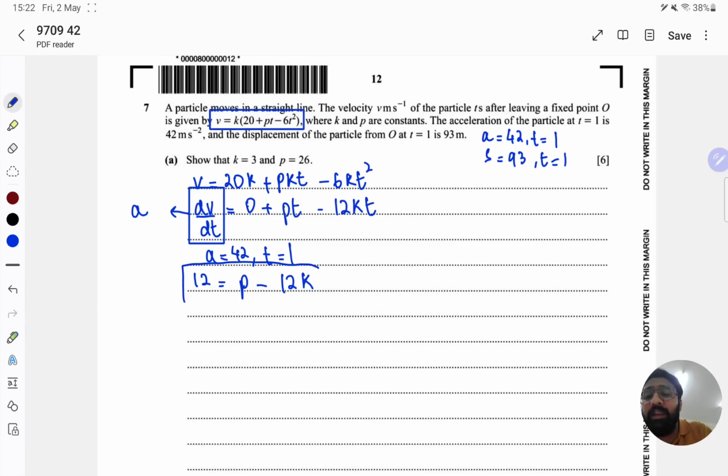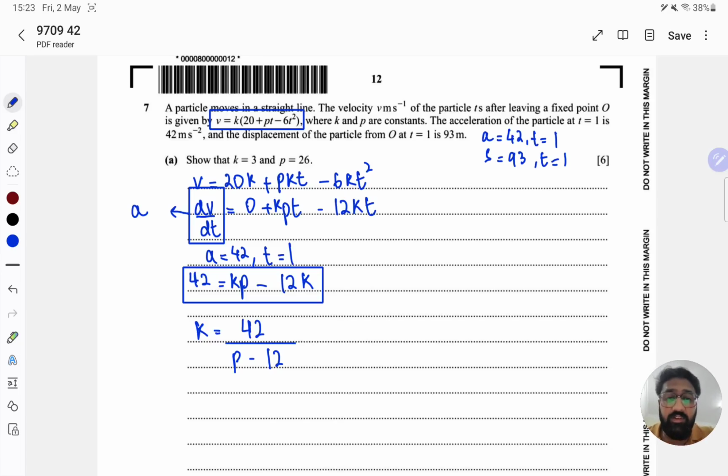In place of time t, I have placed 1, and in place of acceleration I have placed 42. So it's kp minus 2k. If I take k as common, k will be equal to 42 divided by p minus 2.